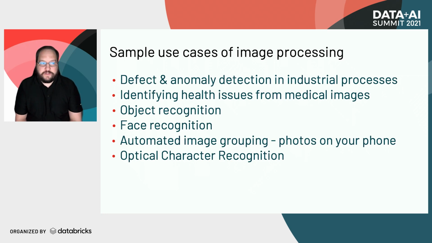Identifying health issues. We see object recognition, face recognition, that's all over the place these days, as well as auto grouping and OCR. Lots of different use cases where you need to deal with images, and not only deal with them one or two at a time, but at scale, which is what we're all about.